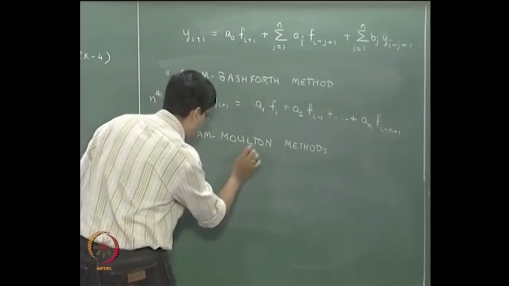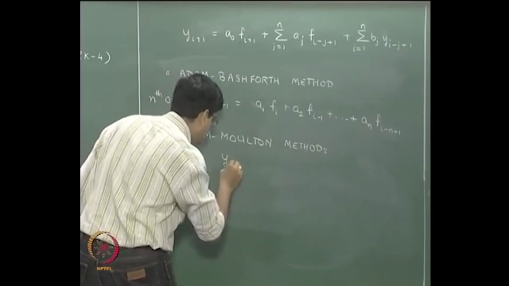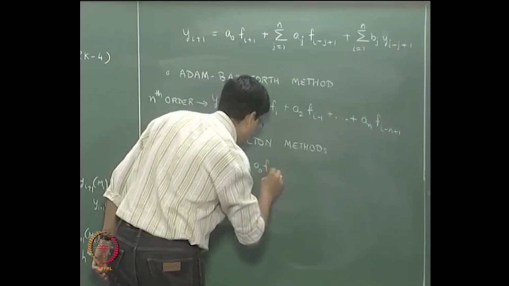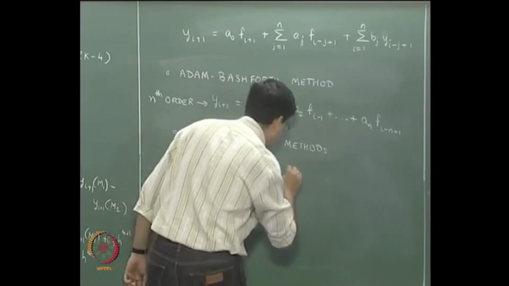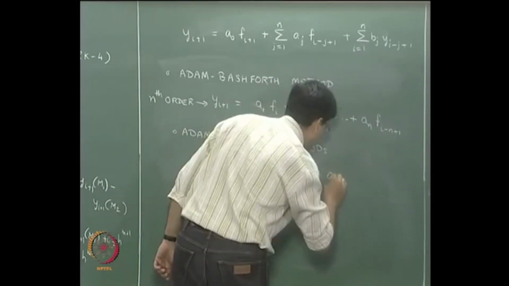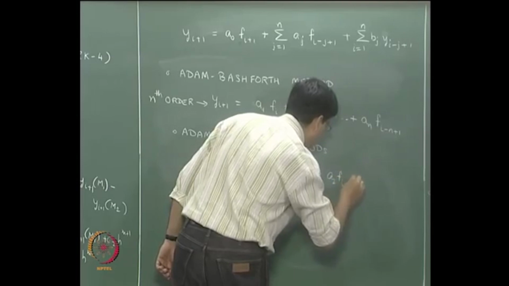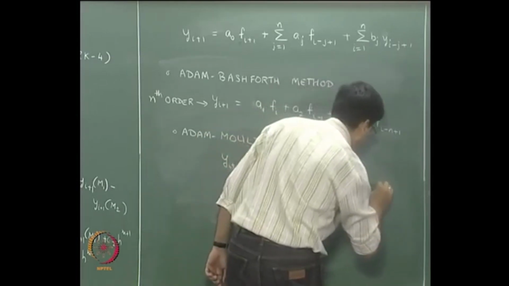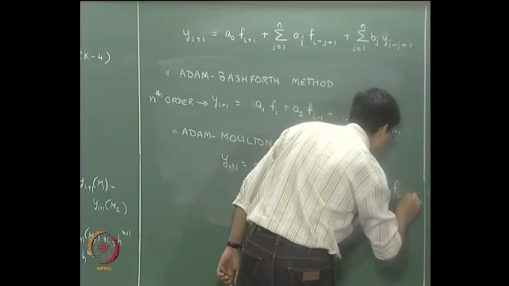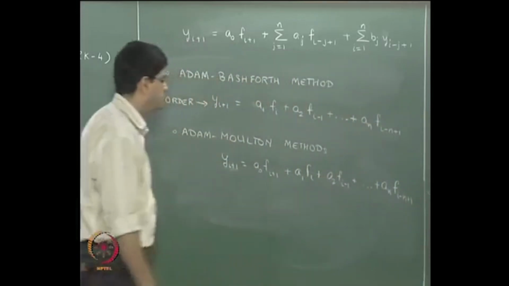And the nth order Adams-Moulton method is going to be y i plus 1 equal to a0 f i plus 1 plus a1 fi plus a2 f i minus 1 and so on up to an f i minus n plus 1.